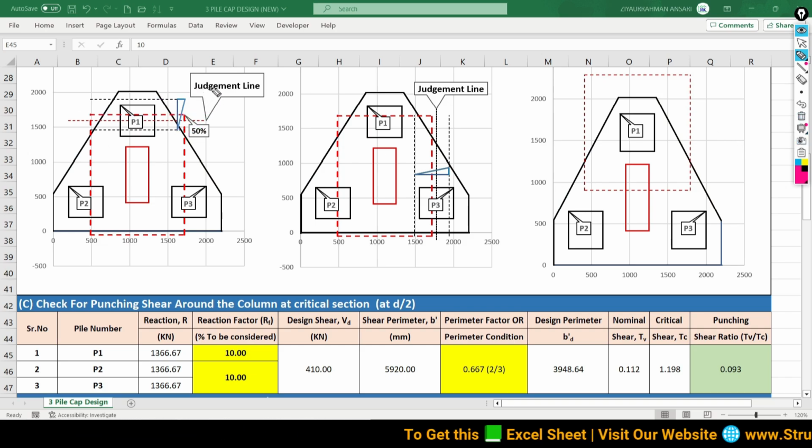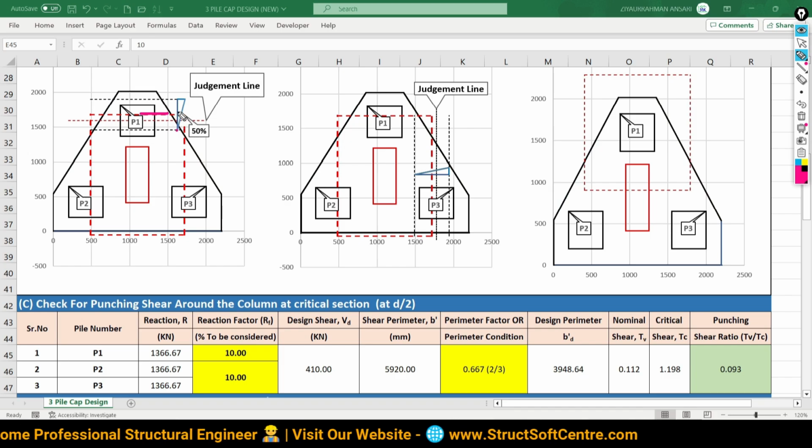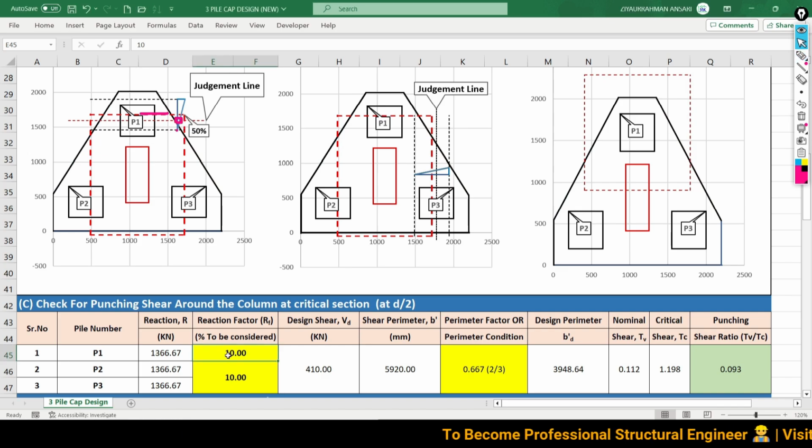We have to judge the value through the center of the pile, so this is called the judgment line. Coming up to the center, it is in between 50 and 0, and it is coming out towards the 50. That's why I'm going to consider it as 30%.